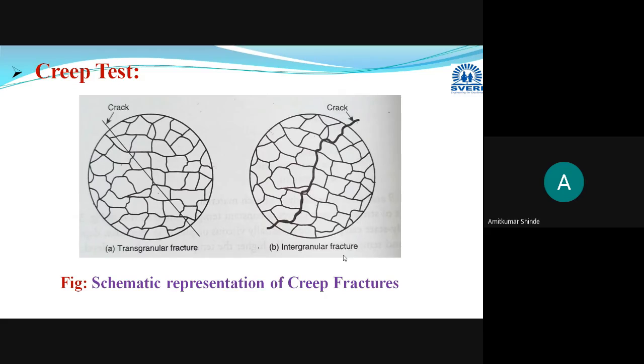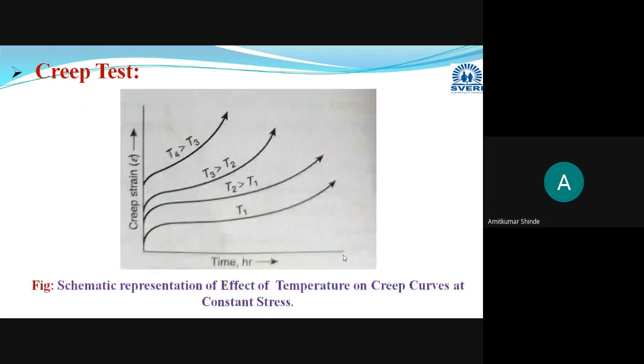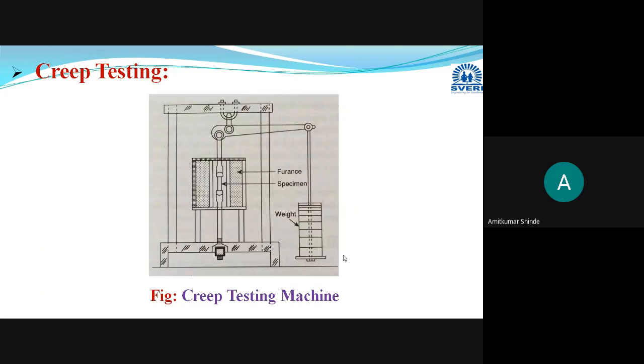Then you have also studied the test procedure, the test setup, the creep curve and the various stages in it, and the factors affecting the creep curve, or the effect of changing temperature and stress values on the creep rate, or simply the deformation rate or creep strain. After that, we studied which types of fractures can occur in the creep test. So you have to explain it stepwise. In this way we have concluded the creep test.